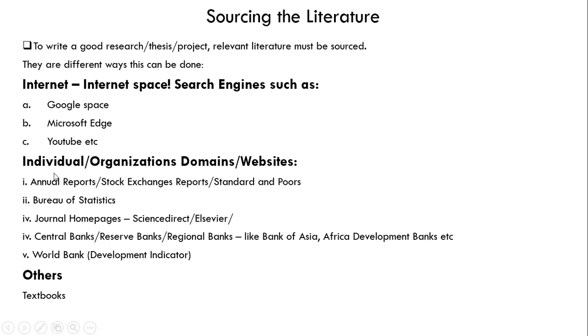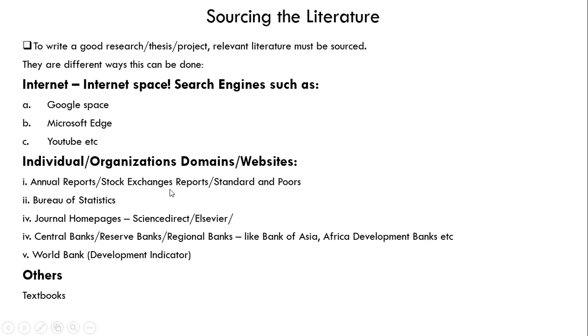Similarly, you can also source your literature from individual organizations, domains or websites, depending on the topic you're working on. If it's a topic that requires you to visit the annual reports of specific or intended companies and organizations, you can also source your literature materials from their annual reports.